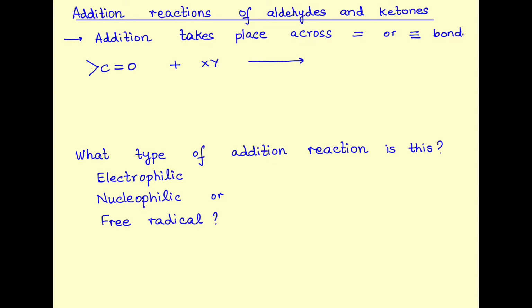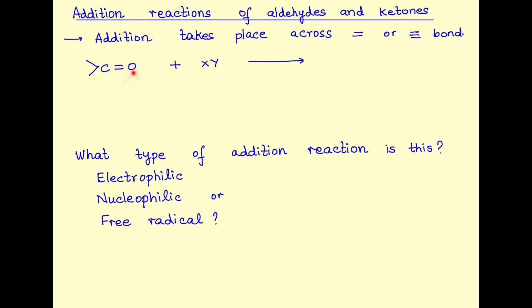Addition reactions of aldehydes and ketones. Now we very well know that addition reactions take place across double or triple bond where there is unsaturation. That means our atoms are hungry to make more friends. Now why does addition reaction take place in the case of C double bond O?